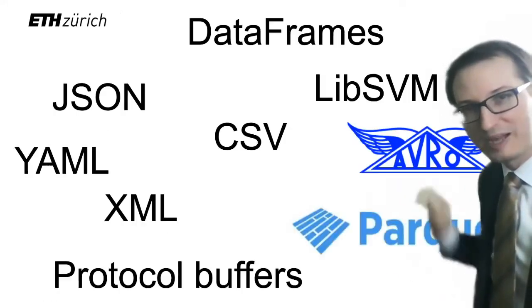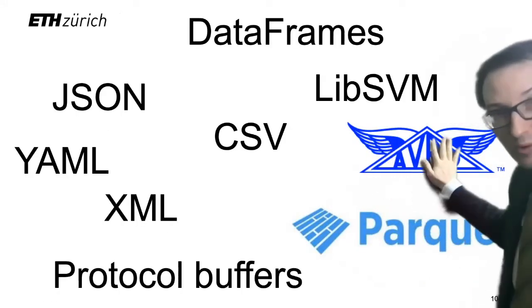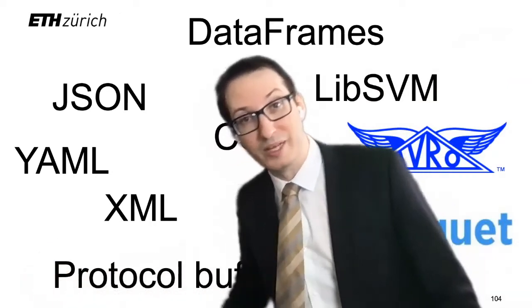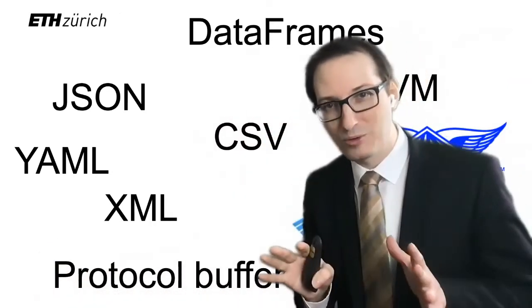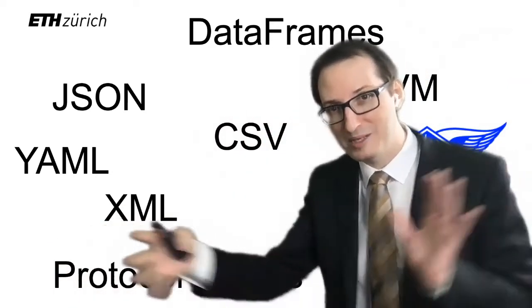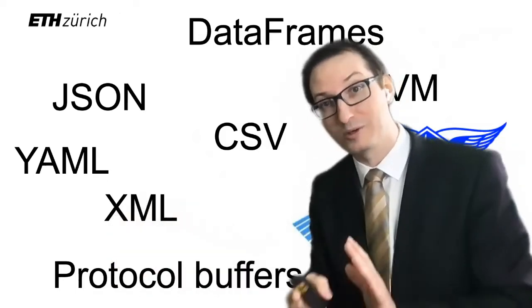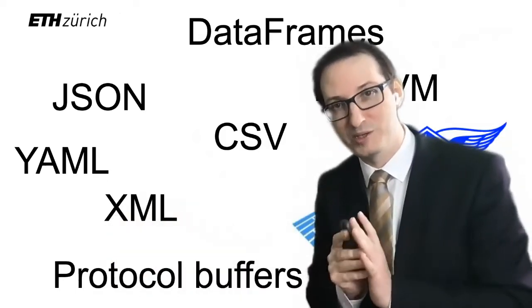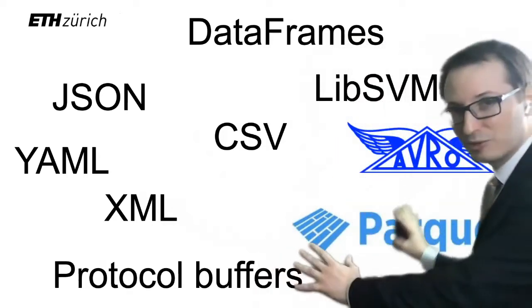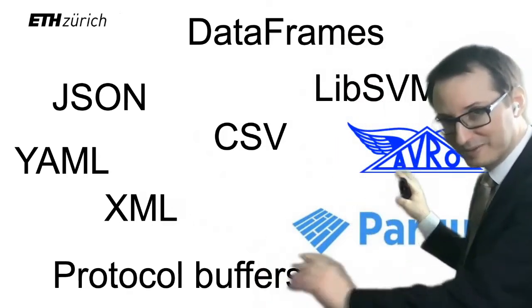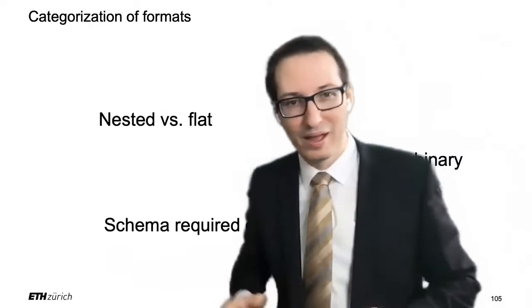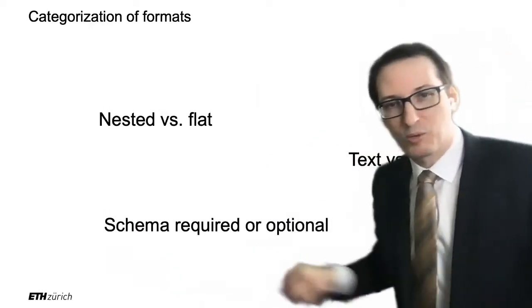So, Parquet is binary, Avro is binary, protocol buffers is binary. Binary is absolutely great because again, it's optimized, it's compressed, it's faster. So there's plenty of advantages of converting your data to a binary format for the purpose of query, right? Okay, and finally, schema required or optional.